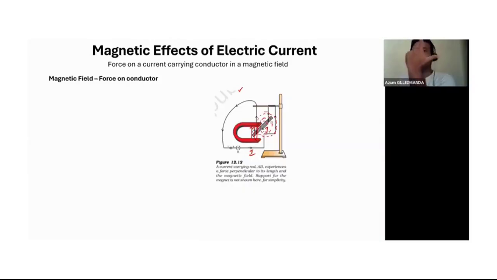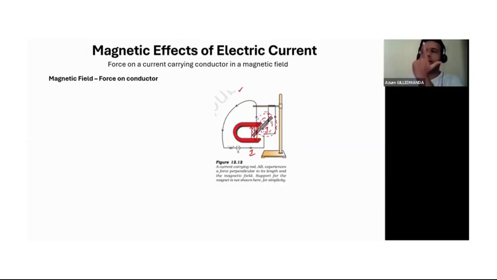So I need to keep my fingers like this: the middle finger is towards me, that's the direction of the current, and the forefinger, the magnetic field, is going upward. Then which direction is the thumb? The thumb is to the left. That means the rod will be pushed towards the left.